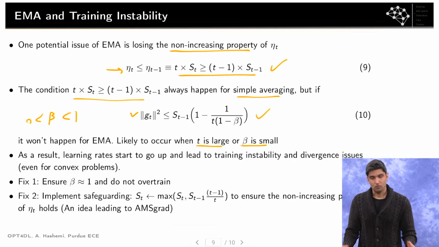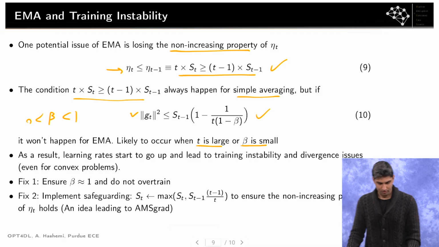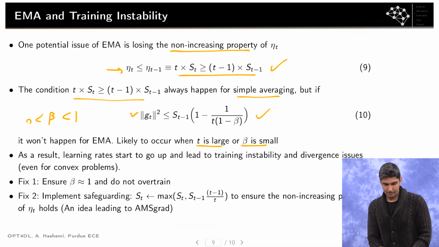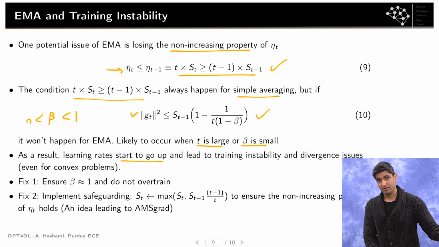So why is it important not to lose the non-increasing property? Because if we lose it, the learning rates start to go up, okay? Not only are we not necessarily going to have a theoretical analysis anymore, but also this could lead to training instability, okay?